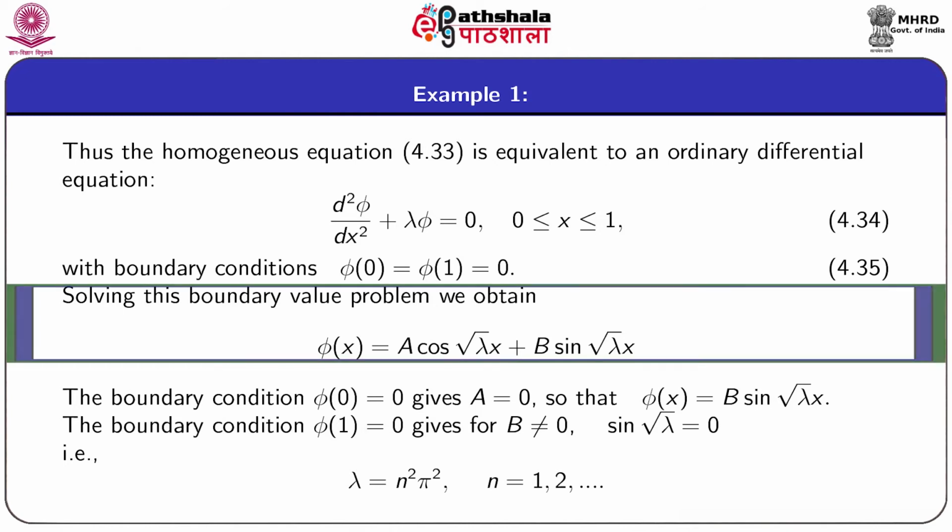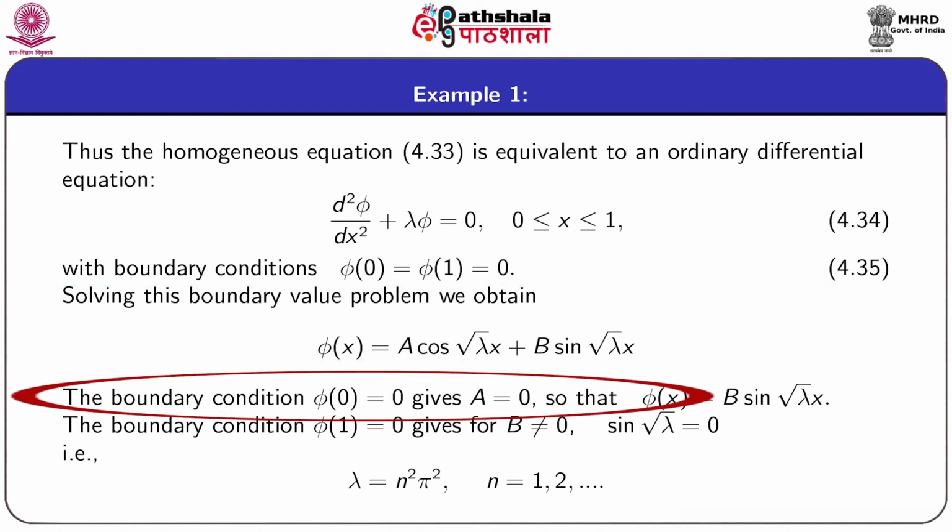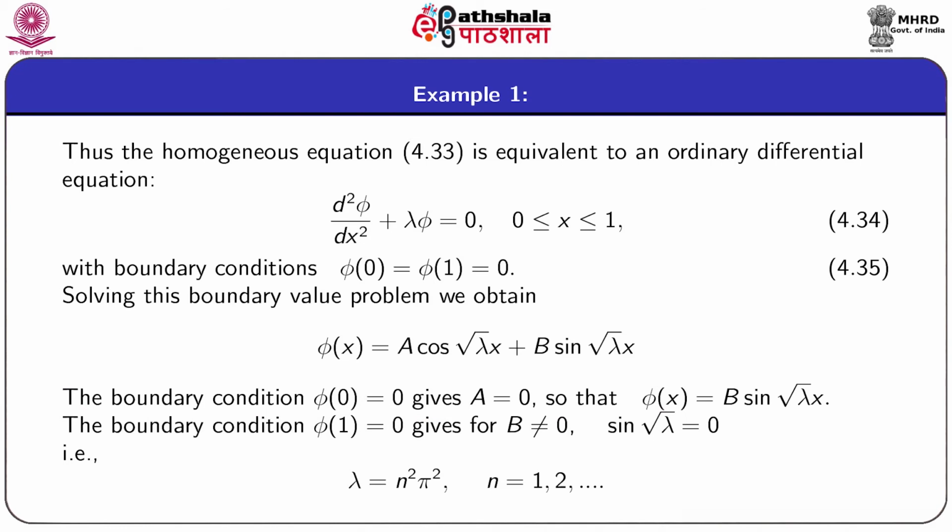Solving this boundary value problem, we obtain φ(x) equal to A cos(√λ x) plus B sin(√λ x). The boundary condition φ(0) equal to 0 gives A equal to 0, so that φ(x) is equal to B sin(√λ x).